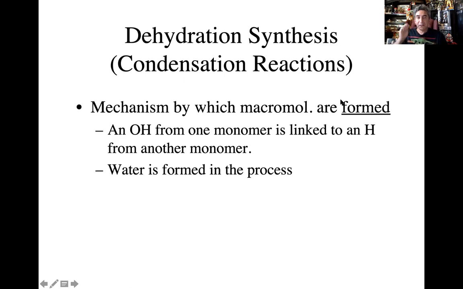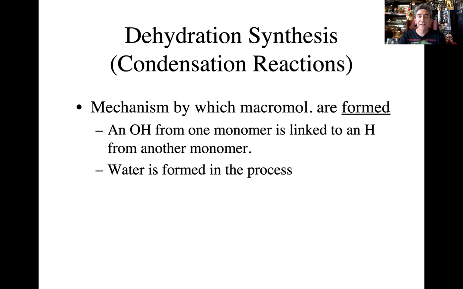So this is a chemical reaction with the assistance of enzymes, and we'll cover enzymes a little bit later. But enzymes help to create certain types of reactions, right? And dehydration synthesis is like a construction, a formation, a building type reaction.